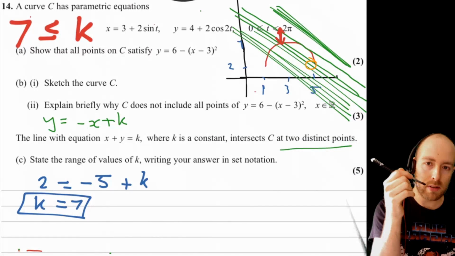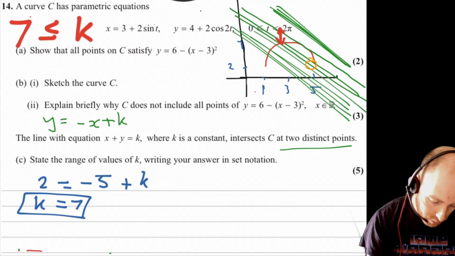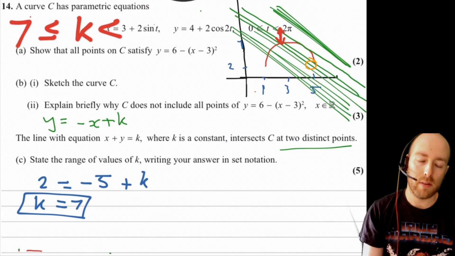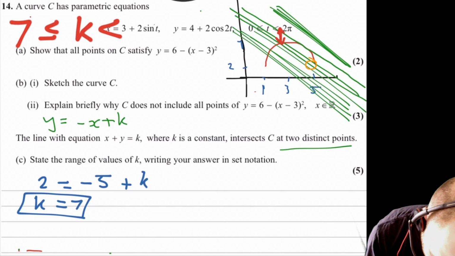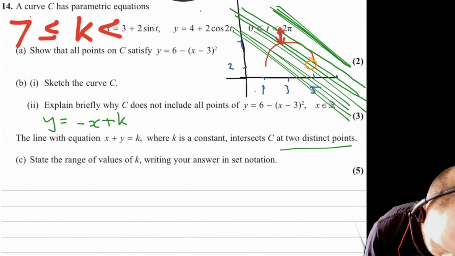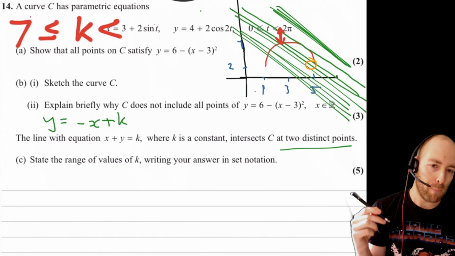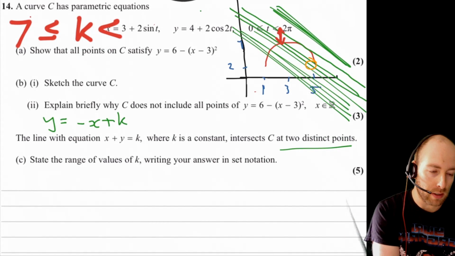If it's greater than 7, it's going to be a value bigger than it. What we need to do, though, is try and find the upper value for k. And the way we're going to do that is with the discriminant. So we can find the value where k meets the curve once. We can do less than that, and that will be the values.